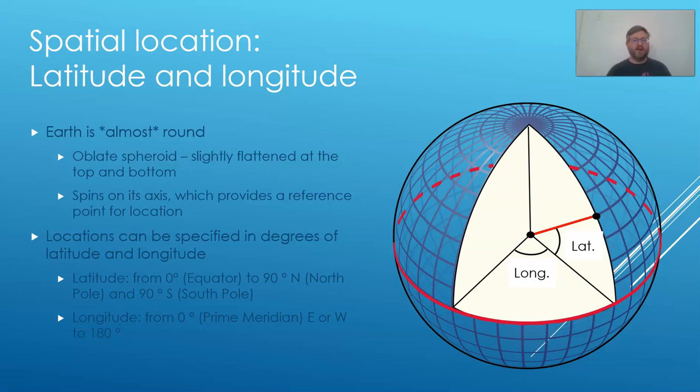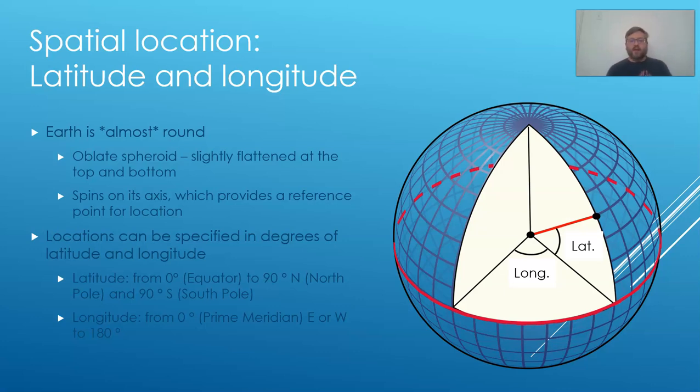The poles are 90 degrees north at the North Pole, 90 south at the South Pole. So your latitude will be a number of degrees either north or south from 0 to 90. At Slippery Rock, we are at about 42 degrees north latitude, so kind of halfway up the Earth.